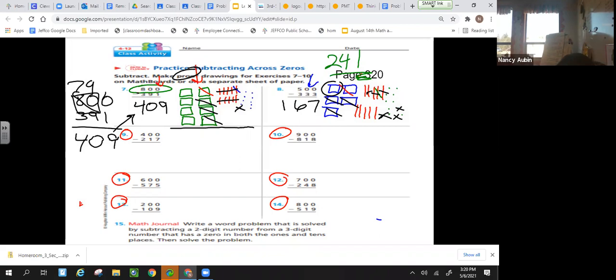Love the people who I see are lining up those numbers on the second page. I usually cross this. Well, don't do that. That was the right way.